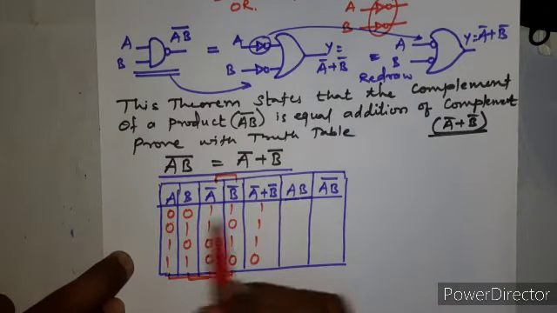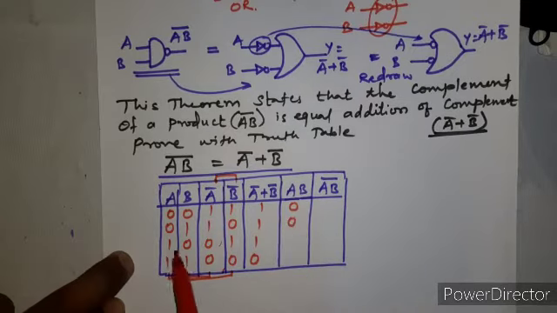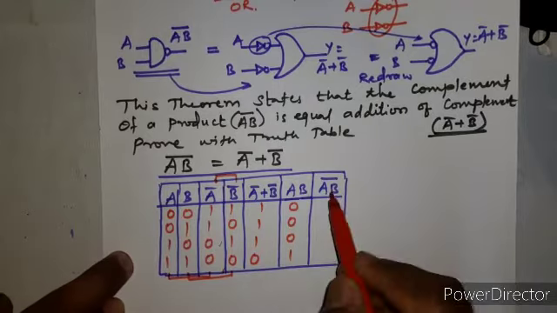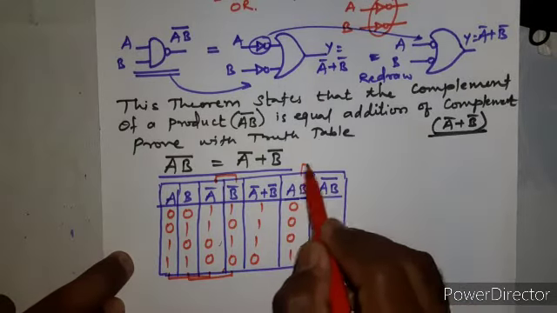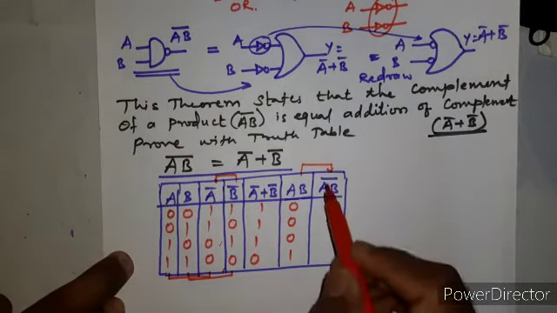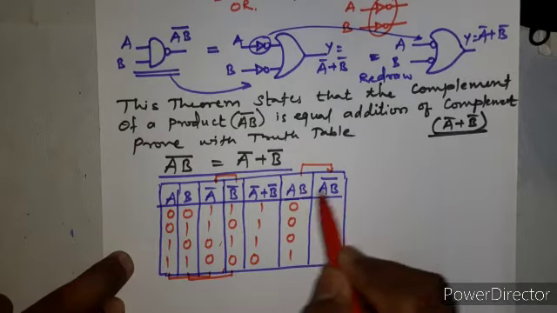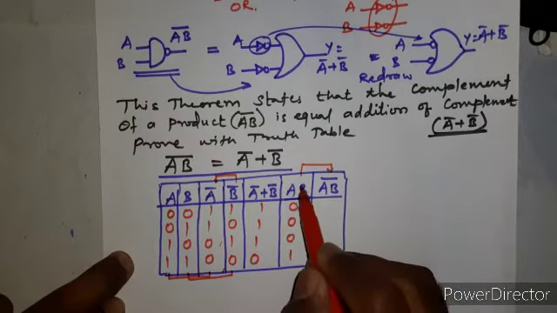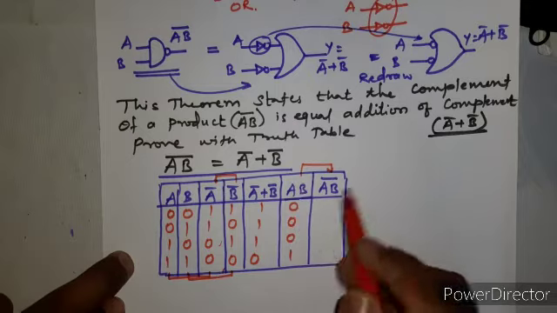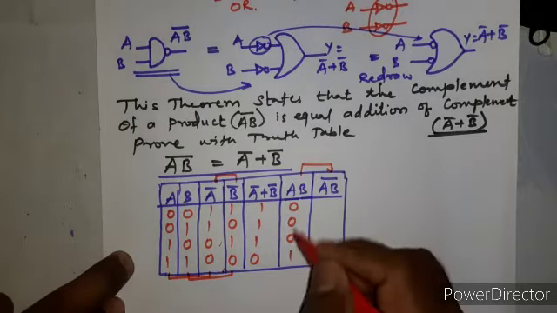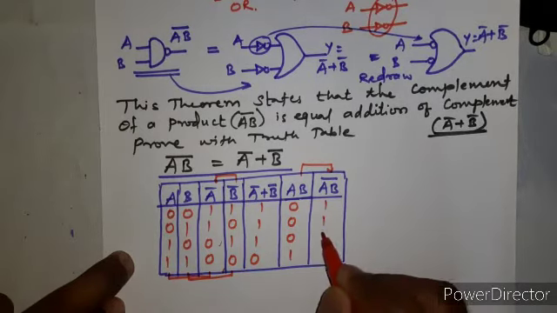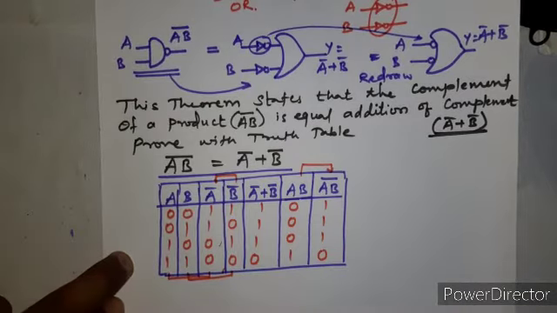So AND says if any of the inputs is 0, output is 0. AB whole bar means the opposite of this, because since we have AB and then bar, we have to take the opposite or the invert of this column. So it is 1 1 1 0.